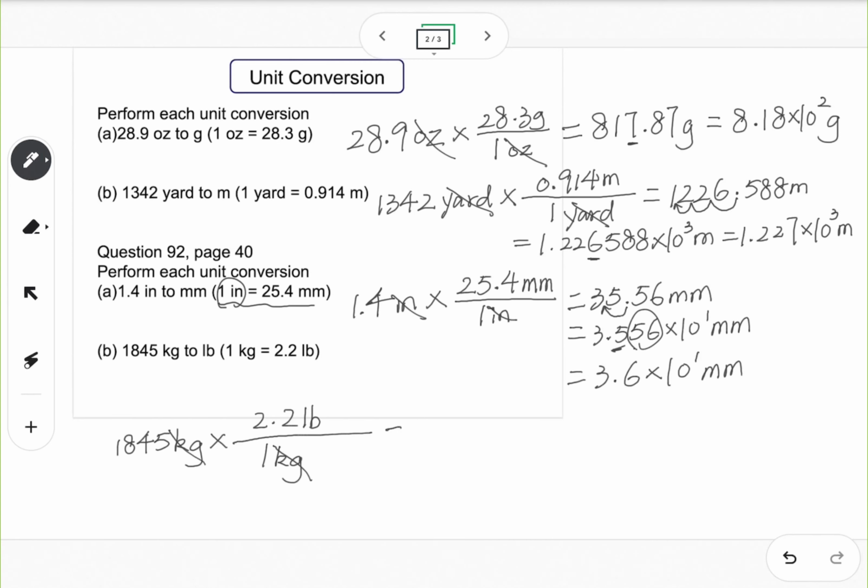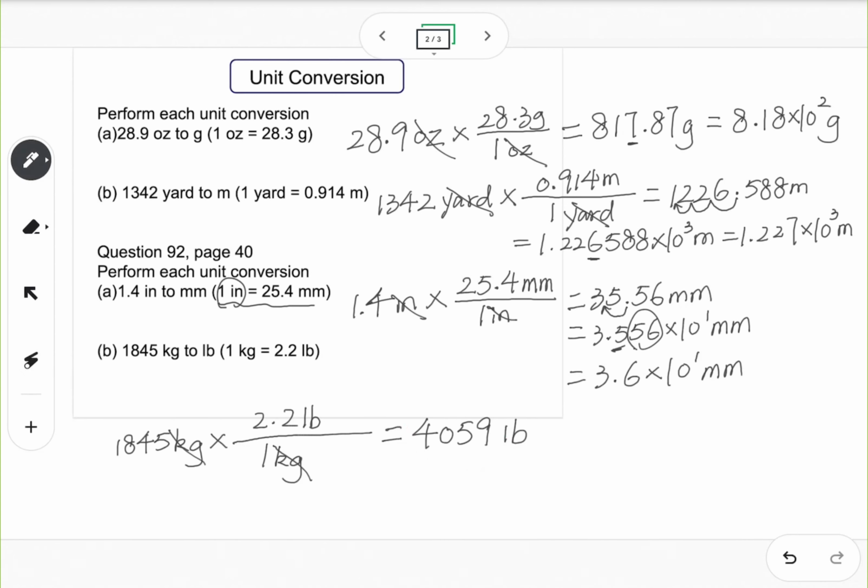Now the calculation result would be 4059 pound. We are supposed to have 4 significant figures, ignoring the significant figures of those 2 constants. In addition, this is ambiguous. We should avoid this type of situation.